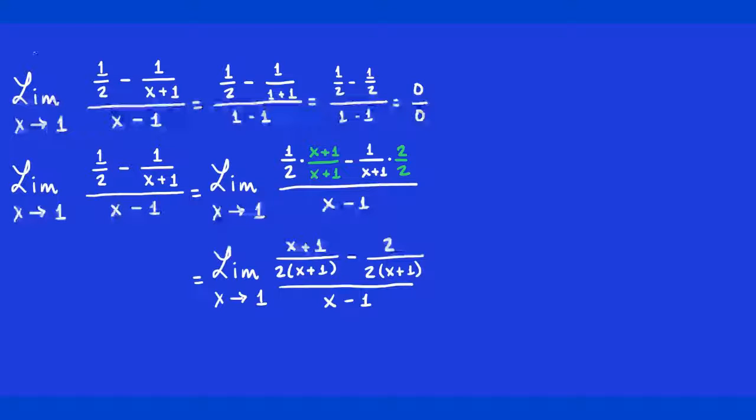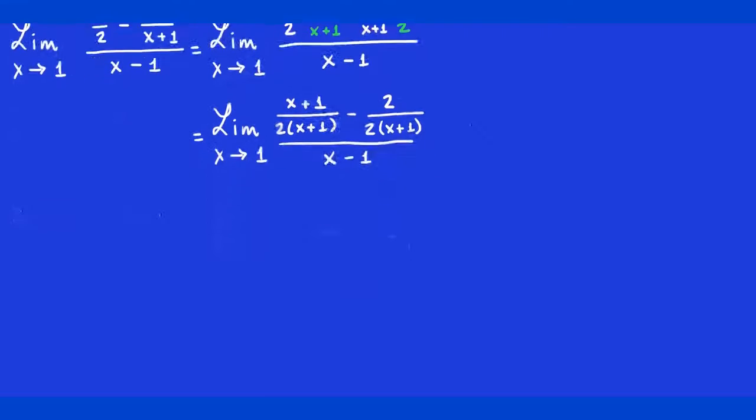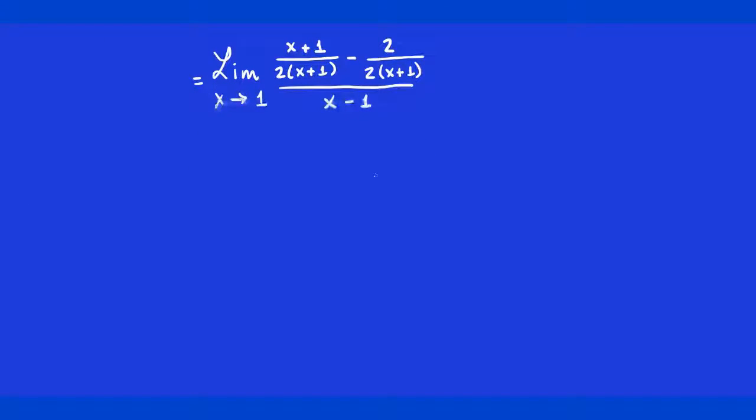I'm going to scroll down a bit and continue. I'm going to copy this part of the limit. Now the fractions have this common denominator, so they will look this way: 2 times x plus 1. We can now add the fractions: x plus 1 minus 2, all over this x minus 1.